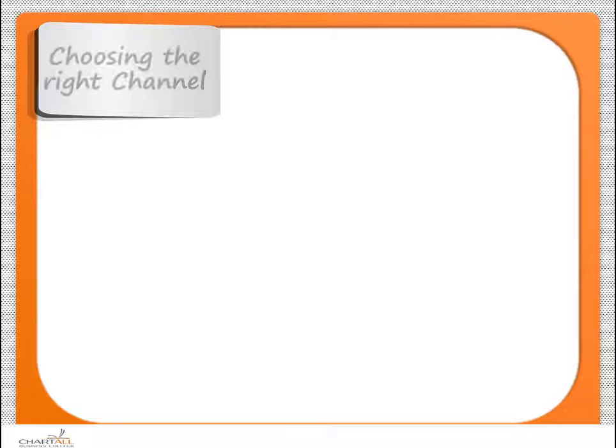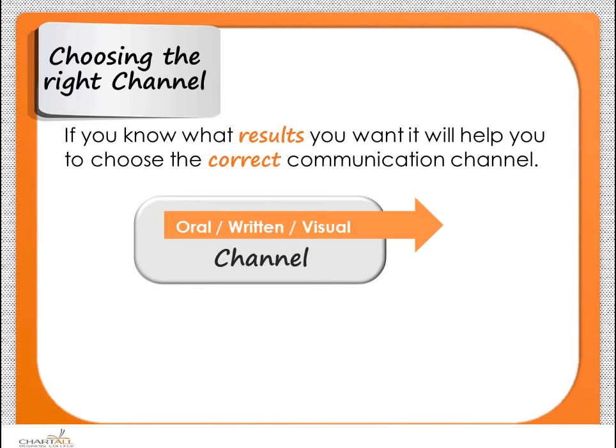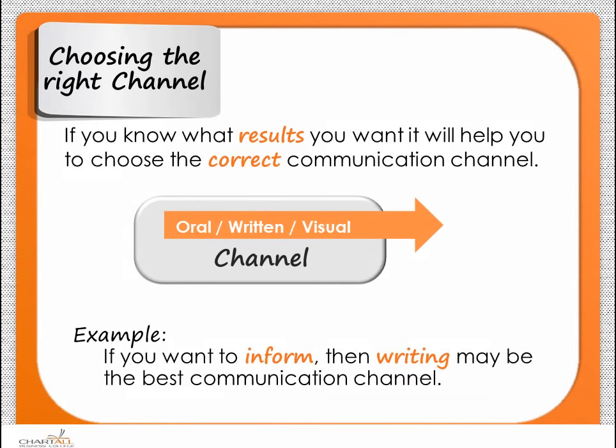If you know what results you want from the communication into action, it will help you in choosing the correct communication channel. For example, you may want your audience to analyze and respond, so you should give them something in writing that they can analyze. Be informed. If you just wanted to inform them, again, writing may be preferable so that they can have a permanent record.